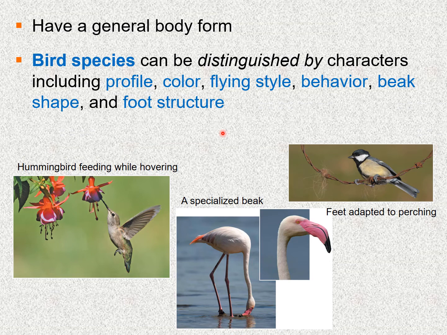So here we can see a specialized beak, and we have a foot and leg structure. We have a very long beak versus a very short beak. So we have some that are more adapted for feeding while they're flying, some that are adapted for perching, and some that are adapted to be able to obtain food a little bit better, being that they have long legs in this case. Yeah, flamingos.